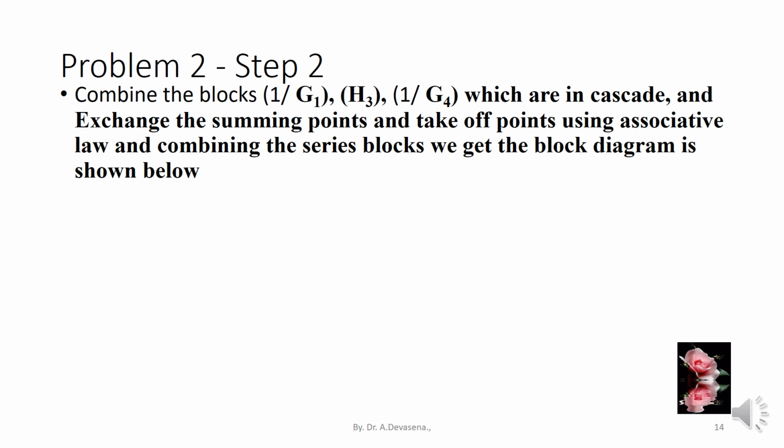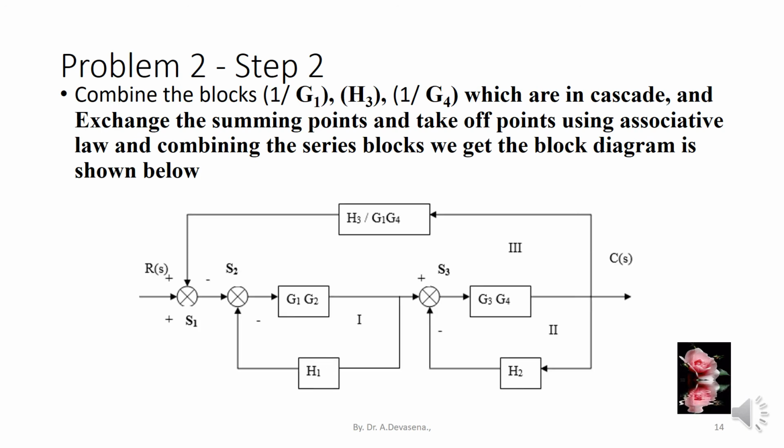After that, combining the series blocks, we get the block diagram shown below. This is the block diagram after combining the blocks 1 by G1, H3, 1 by G4 which are in cascade.